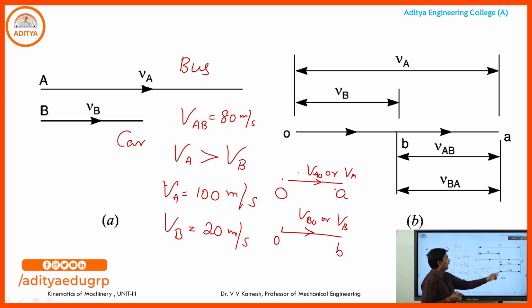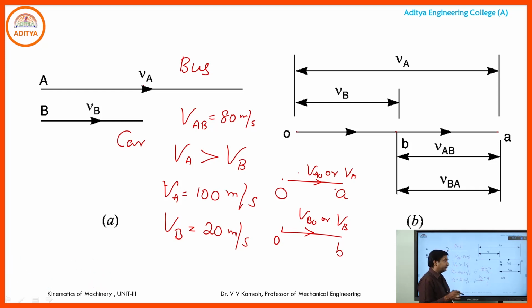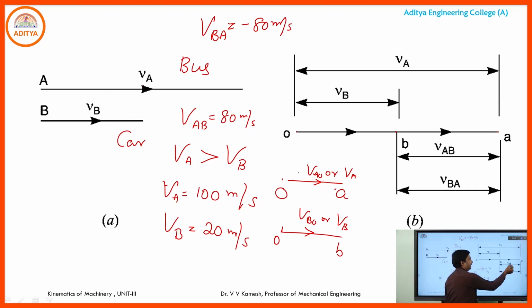And the same thing we call VBA. So, the velocity of B with respect to A, how much is it lagging behind? That means minus 80 meters per second.